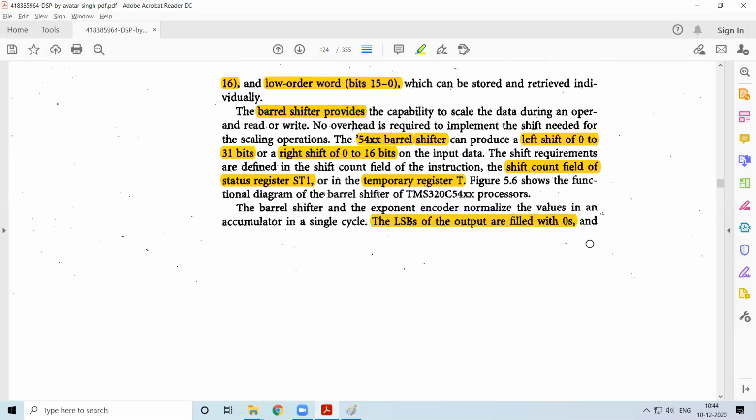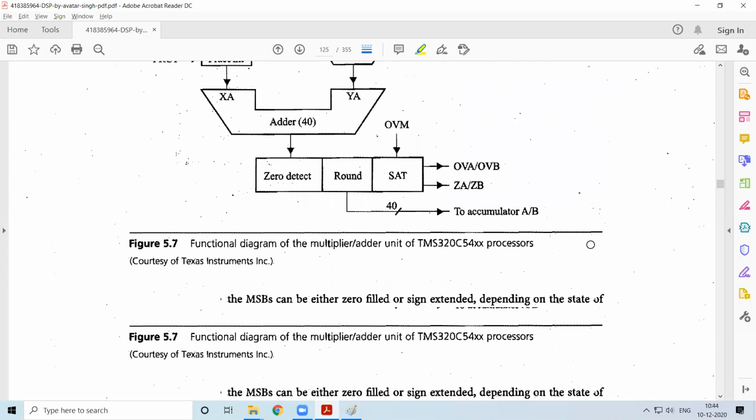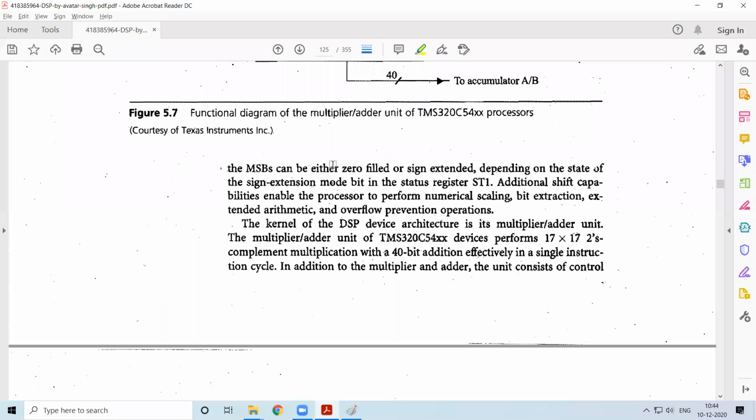The LSBs are filled with zeros when you're performing one kind of shift, and the MSBs are filled with 0 or with the sign extended, depending on whether it is signed data or unsigned data. So it depends on those things. This is how it goes around with the CPU. Then apart from that, you have a 17 by 17 2's complement multiplier, which is included with the 40-bit adder.